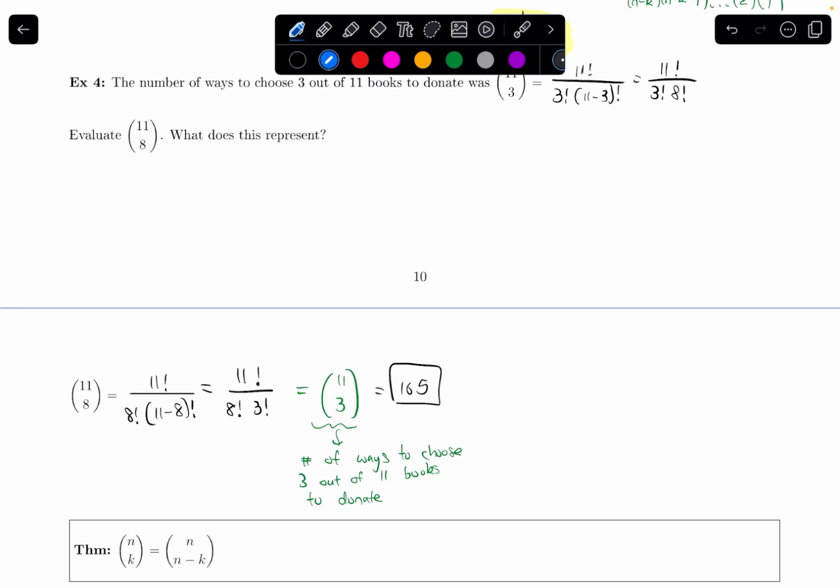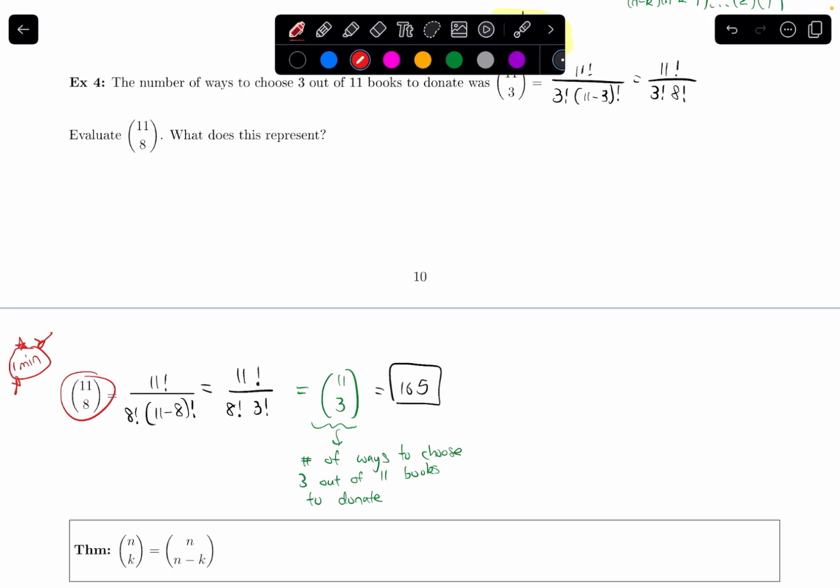So in this context, what would 11 choose 8 represent? I actually want to have you pause the video and think about this for a minute on your own. Can you figure out an interpretation for what 11 choose 8 would mean that would show that it's actually the same as this? Pause it in 4, 3, 2, 1, pause it.